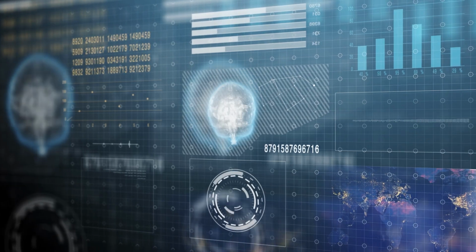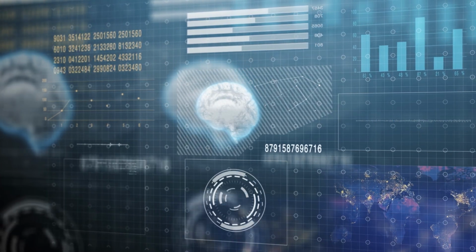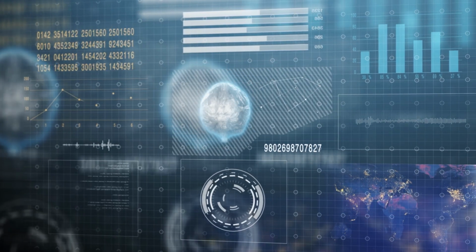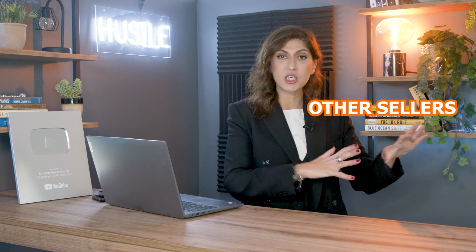Helium 10 is arguably one of the most popular tools used by Amazon sellers. It contains in itself so many different tools that you can use that can provide you data and information. In this case, we're going to be using a tool called Cerebro. This tool is going to help us assess keywords from other sellers that could be your direct competitors, which keywords they are targeting, which keywords they're getting sales on.